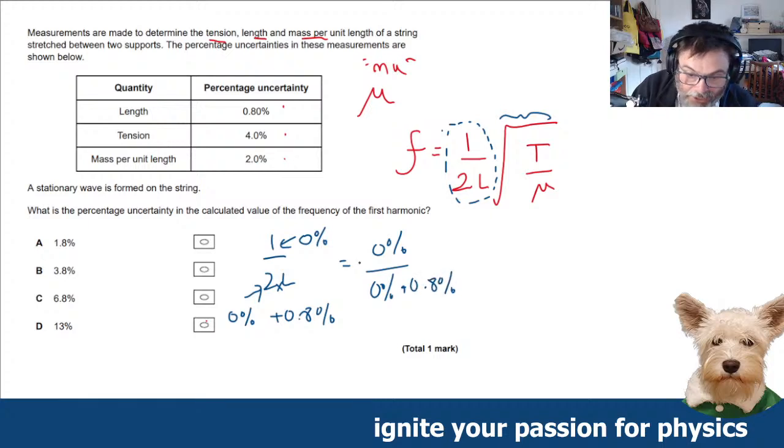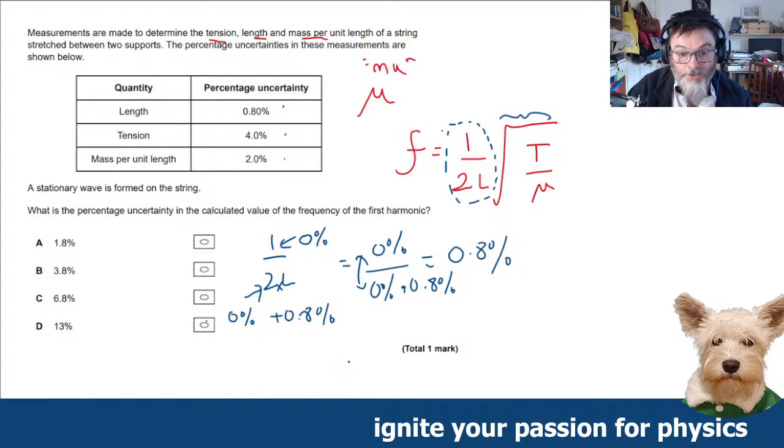Now remember, although it looks like it's dividing, we're talking about the percentage errors. When you divide, you just add them. So we add all these together, which of course just comes out as 0.8%. So the error on the bit in the blue circle at the start of the equation is just 0.8%. Okay, so that looks complicated, but it isn't.